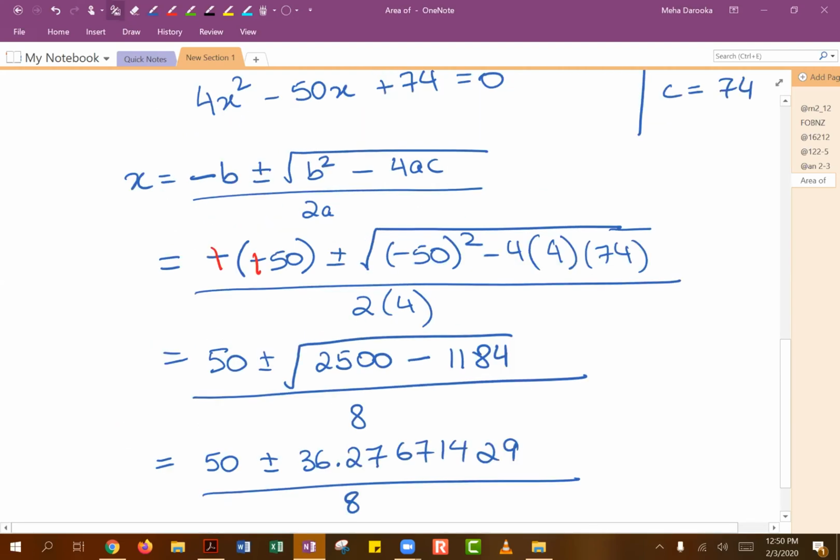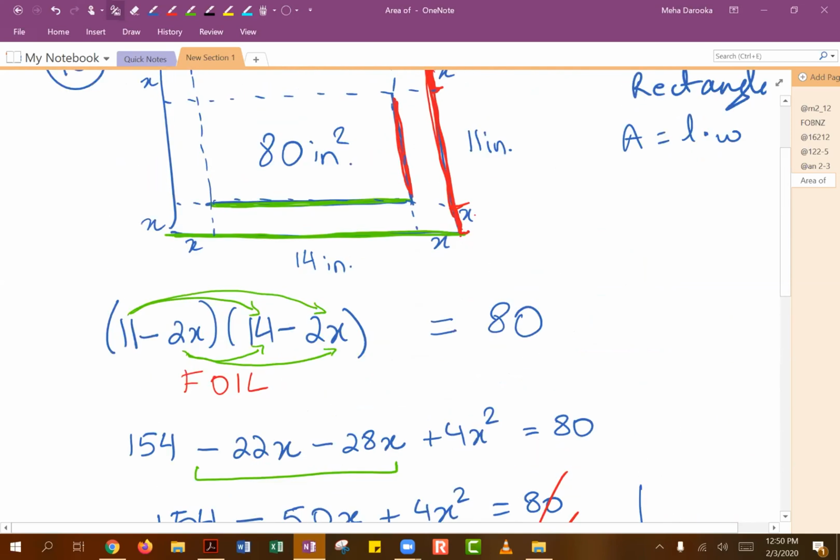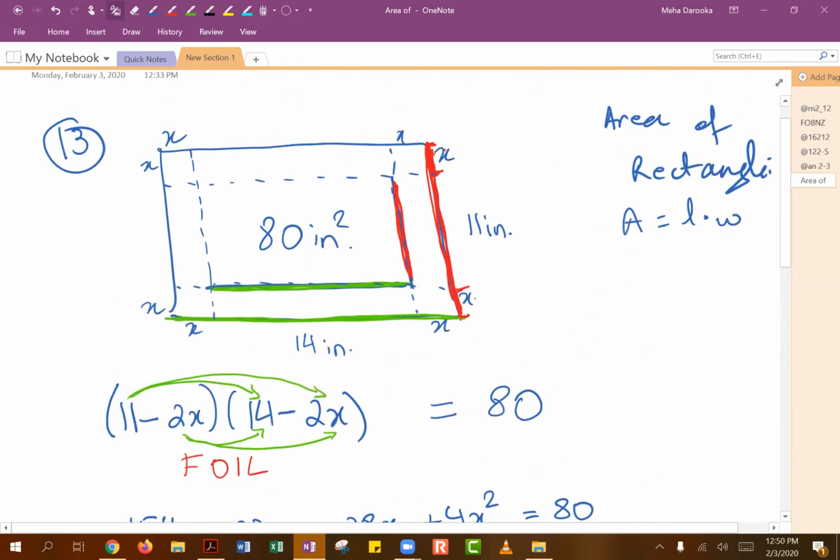Now let's go back to that image I had. If the width of my original cardboard is 11 inches and I cut off 10.78, is that going to be possible? No. So in practical use, you will actually end up discarding that 10.78 as your answer for x, because that number is too large and that does not give us that square.